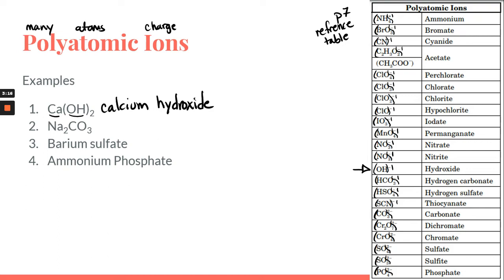In number 2, we don't have parentheses, so how do I know that there's a polyatomic? That's because there's more than 2 capital letters. So we're either having Na2C on our list on page 7, or it's CO3 that's on our list on page 7.